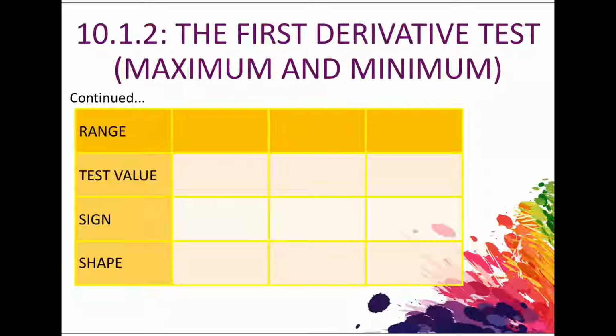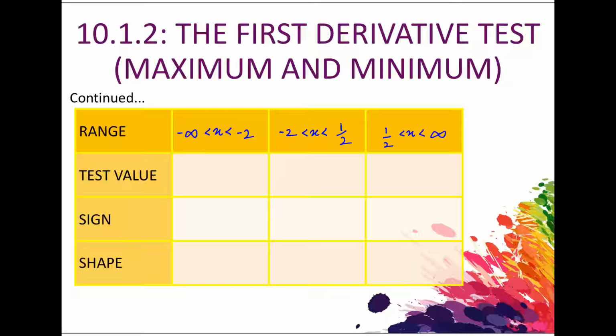On the left hand side it would be x is between negative infinity and negative 2, and the second one is x is between negative 2 and 1 over 2, and the third one is x is between 1 over 2 and positive infinity. And note that the values of x here, which are negative 2 and 1 over 2, are the values that we obtained from our previous calculation.